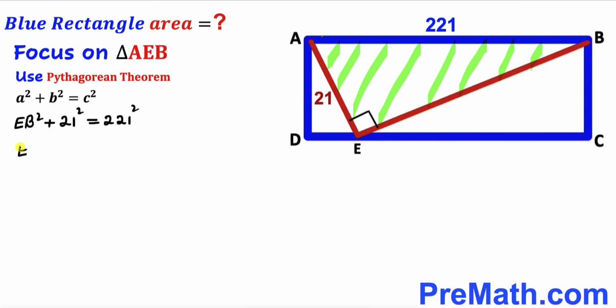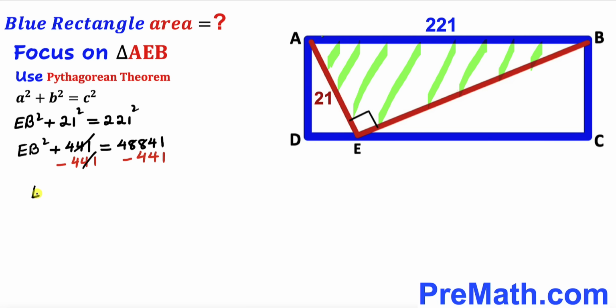Simplifying further, EB squared plus 441 equals 221 squared, which is 48841. Now I'm going to subtract 441 from both sides, and here we can see they are gone.